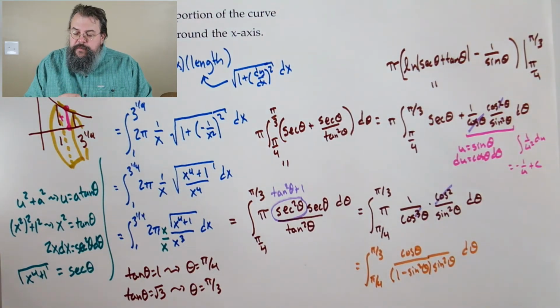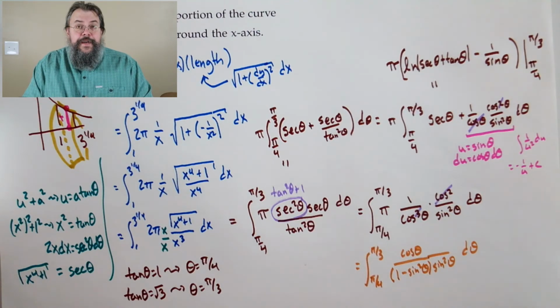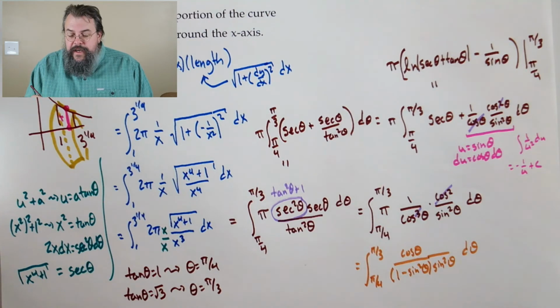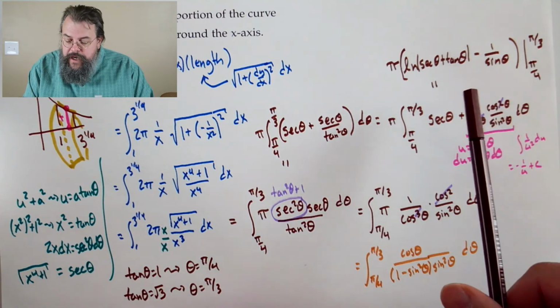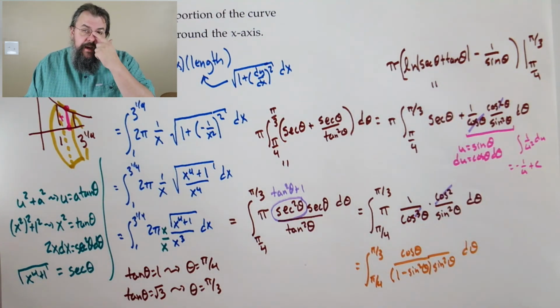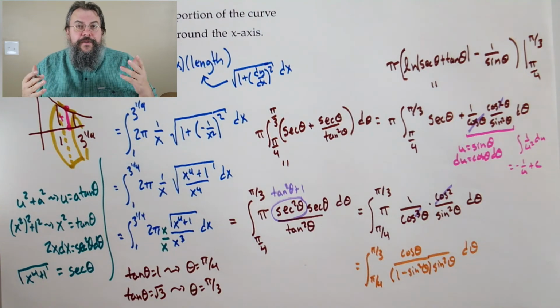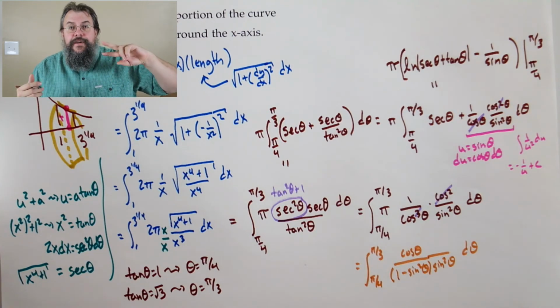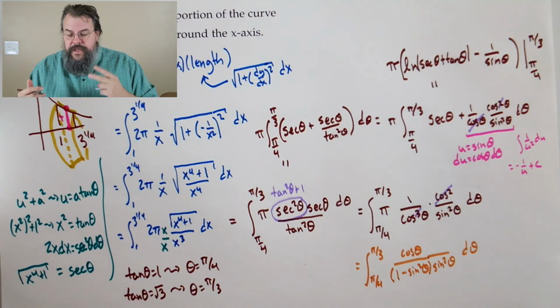Now we just have to be patient. When I say patient, we've got to figure out what happens. All right, so plug in pi over 3. What is secant of pi over 3? Well, cosine of pi over 3 is a half. Flip it over, secant of pi over 3 is 2.